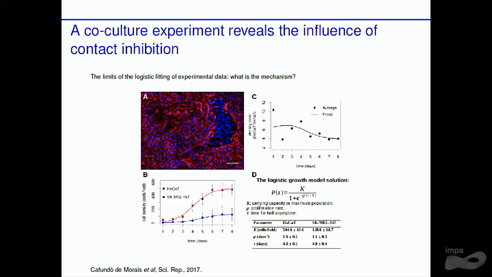Now, the red ones here are normal cells, keratinocytes, and we also put together melanoma cells. And we let them grow, put food, and try to see what is going to happen.